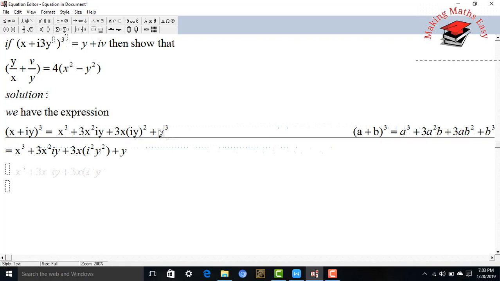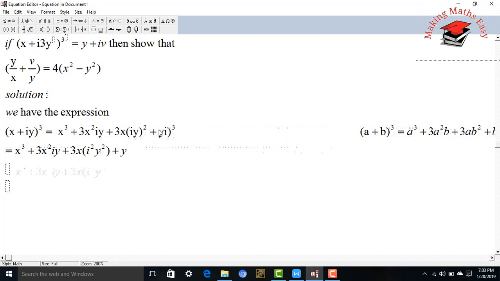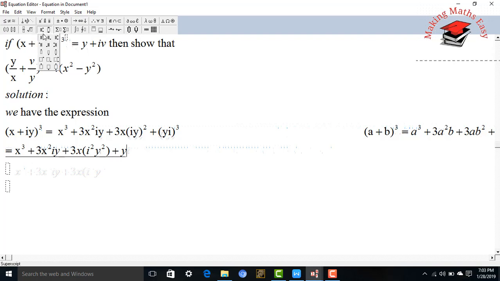Here it will be (iy)³. I have made a mistake over here. So it will be y³ into i³. So in this way we have to write it.